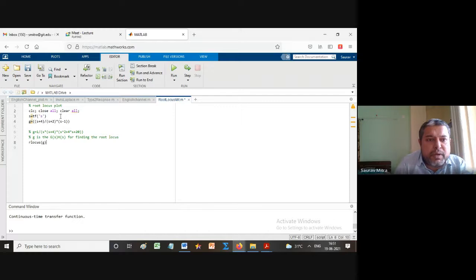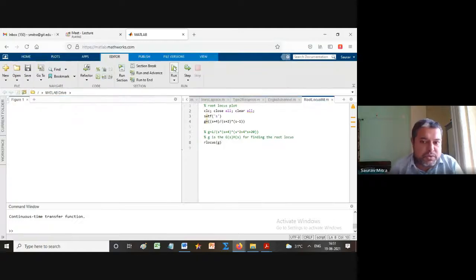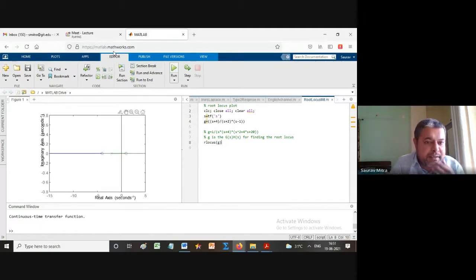So there is one zero at minus 4, and there is one pole at minus 2, one pole at plus 1. So one stable pole, one unstable pole. So which pole goes to 0? That we are supposed to see. And anybody who understands, please tell me.